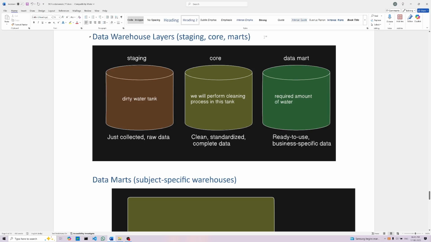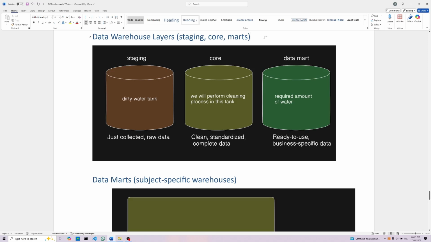Now next is data warehouse layers. So basically there are three types of data warehouse layers, which are staging, core and marts. So let's understand one by one. So again take the example of a water supply system. So there are three different layers for that.